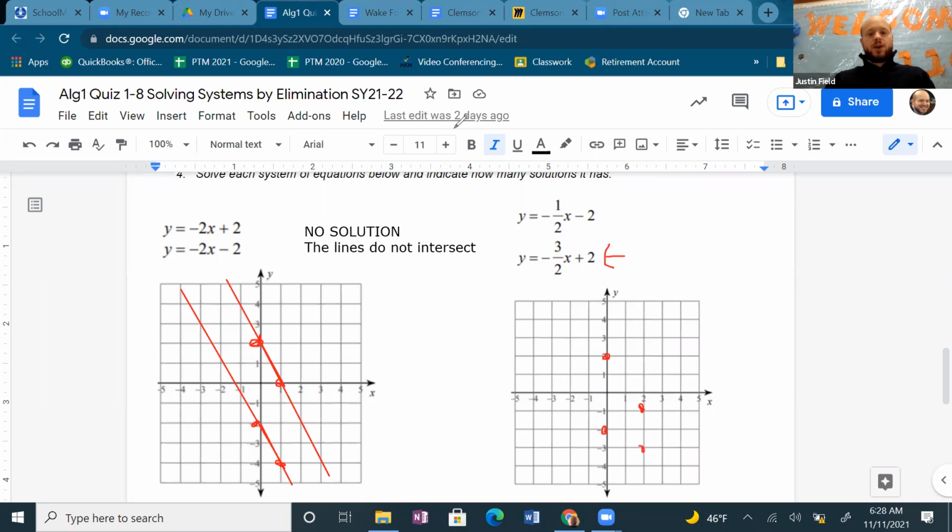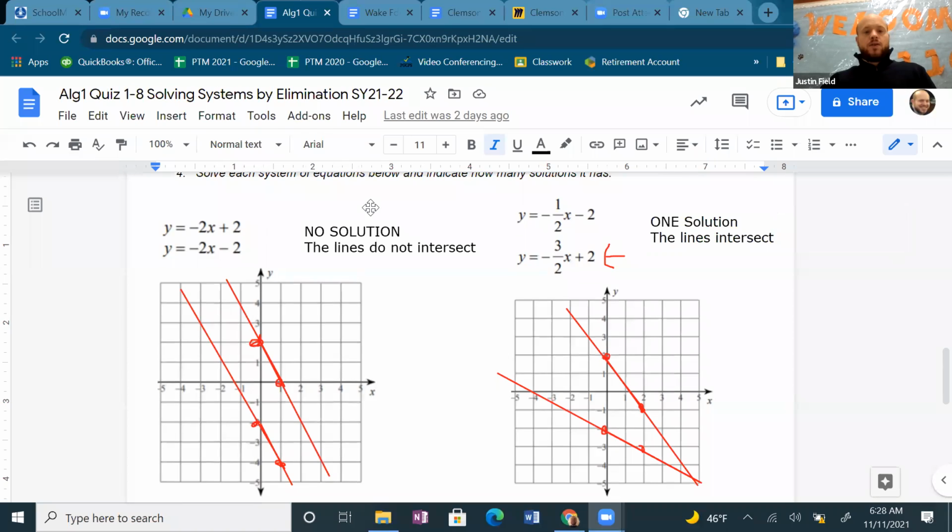And then I'll graph my lines. There we go. Okay. I can clearly see that these lines are intersecting. Intersecting lines have one solution because the lines intersect. All right. Very good.